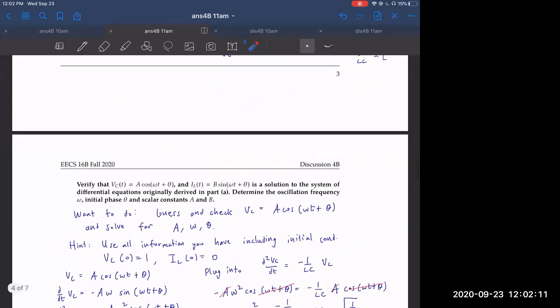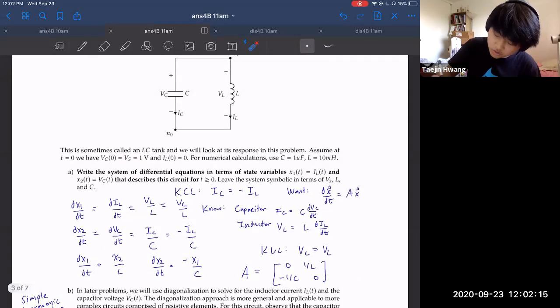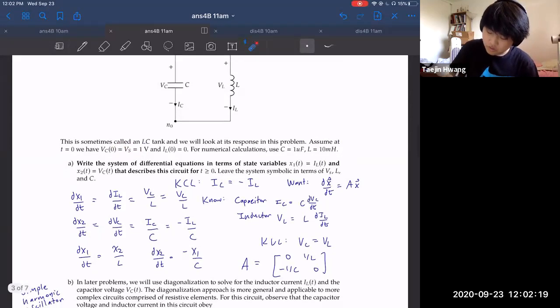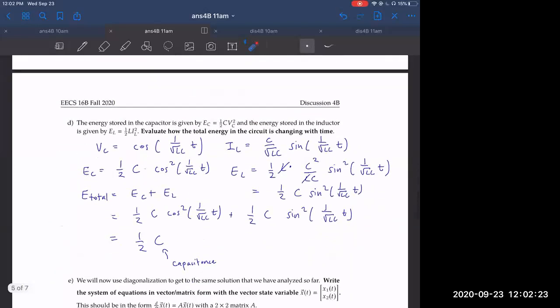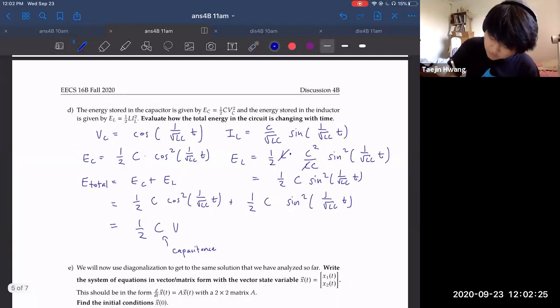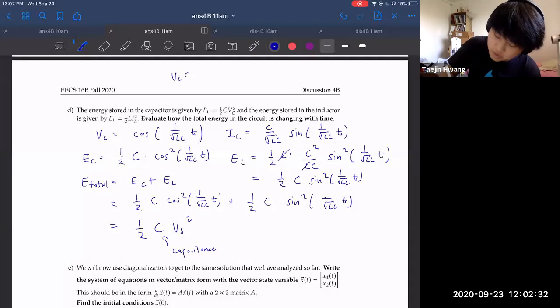So here, remember that V initial or V0 was equal to 1. If it was 2, then it would be C times Vs squared. And that's because Vc would be equal to Vs cosine of 1 over the square root of LC times t.